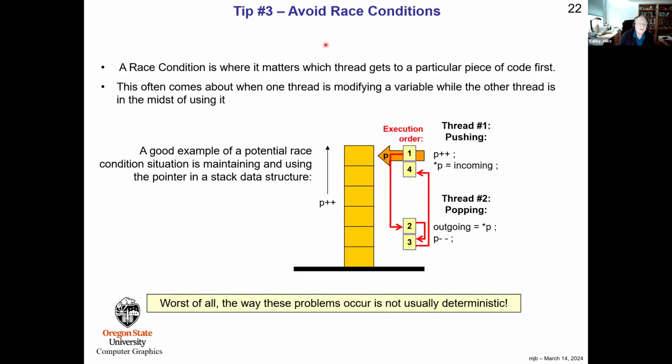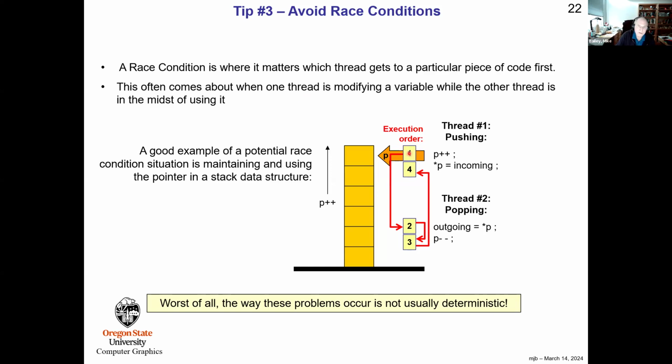Tip 3, avoid race conditions. It's called a race condition because it matters which thread gets to some part of the code or some operation first, which could be different depending on the idiosyncrasies of the scheduler. Okay, a perfect example is pushing and popping from a stack.